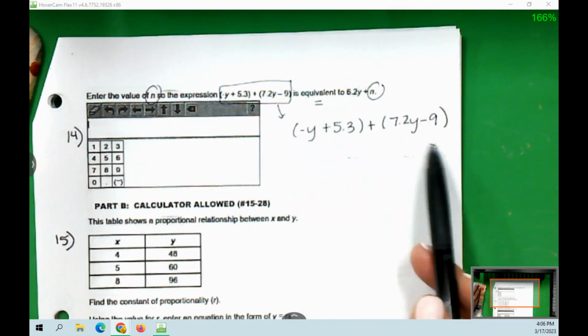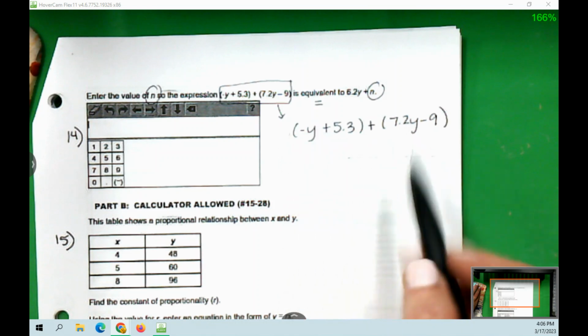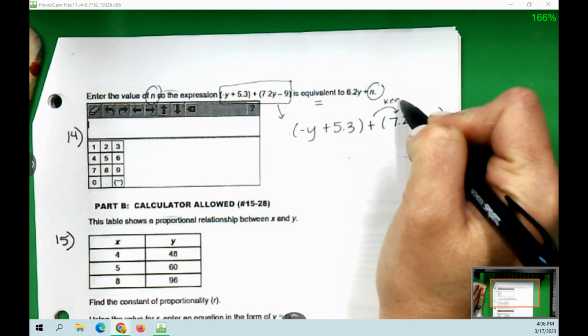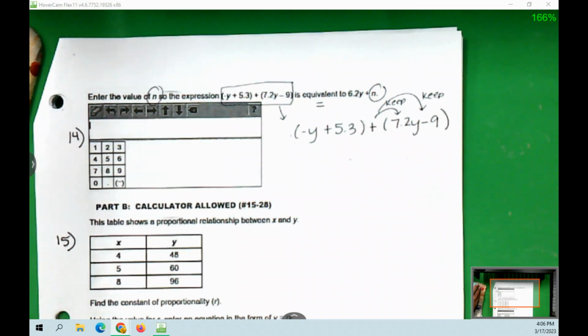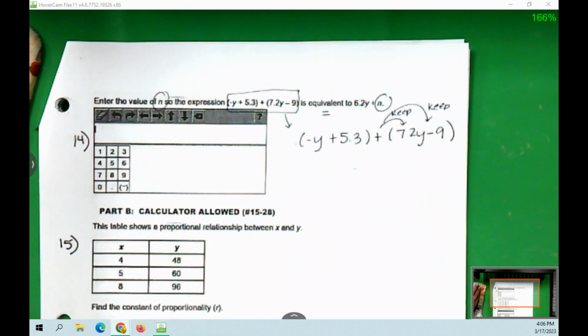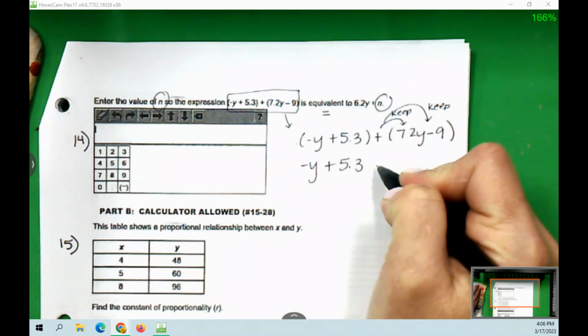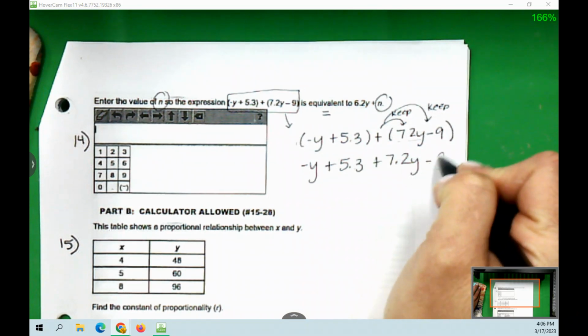We don't have any numbers in front of the parentheses, so we don't have to do any distributive property. And a plus sign here means we're just going to keep. So I'm just going to drop the parentheses and then I'll combine like terms. So I have the opposite of y plus 5.3 plus the 7.2y minus 9.